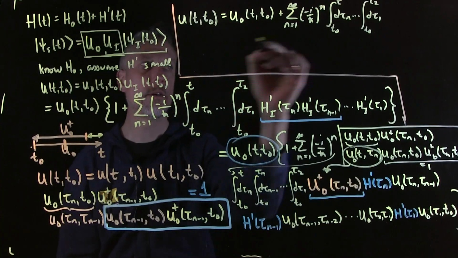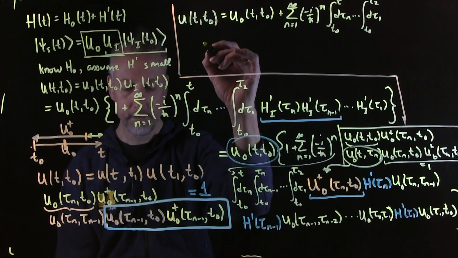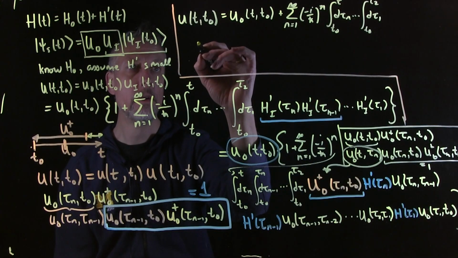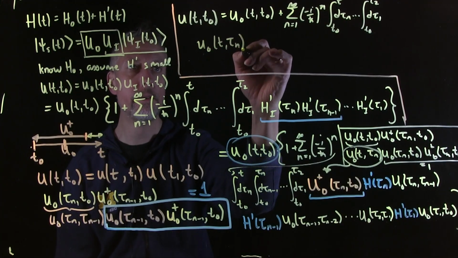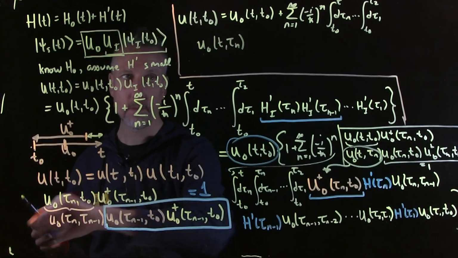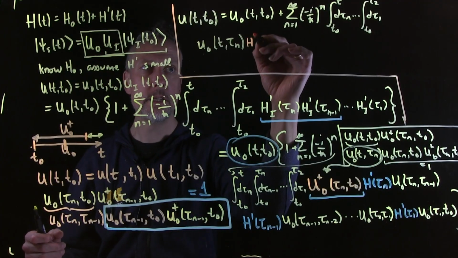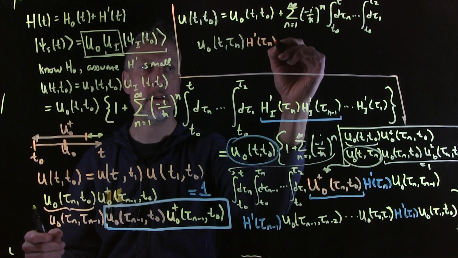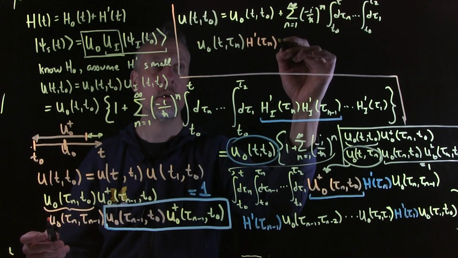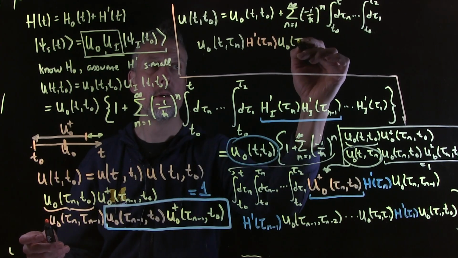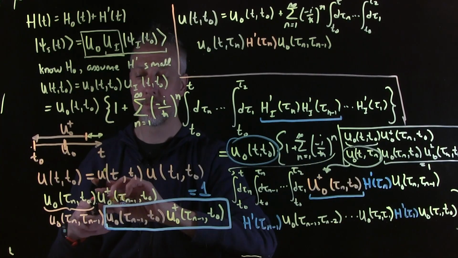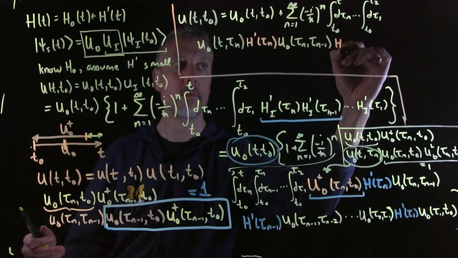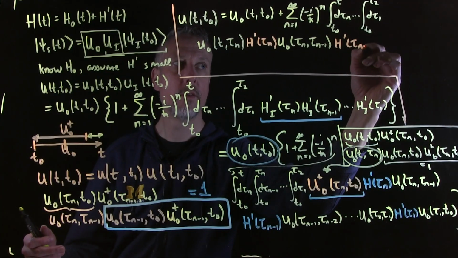Probably I don't have enough room, so I'll write it over here. So we have U naught t tau n, H primed tau n, U naught tau n, minus 1, H primed tau n minus 1.